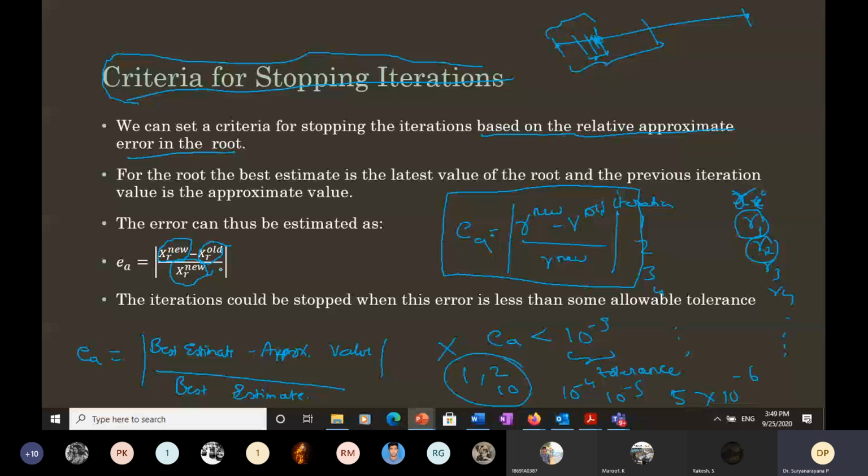This is the approximate error. And whenever this becomes less than tolerance, we'll stop the iteration. That's what we have decided. Okay, that's one approach. So at the end of each iteration, I have to stop and see this error. I have to compare my new value with the old value.